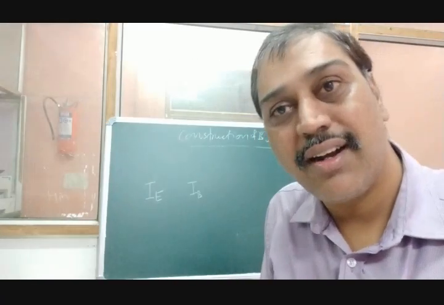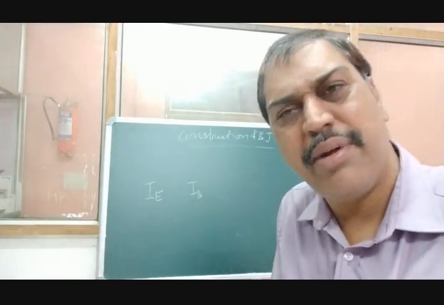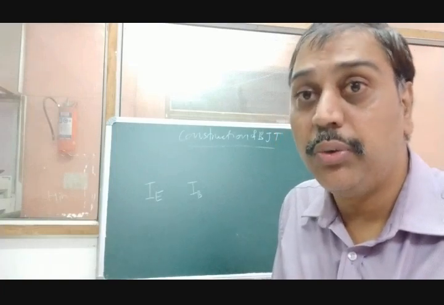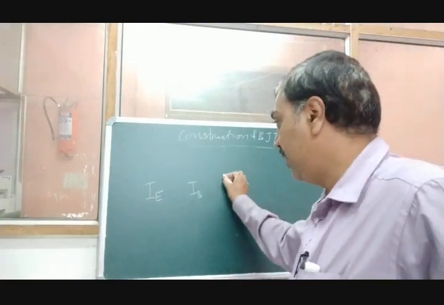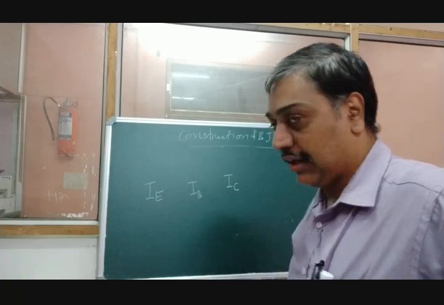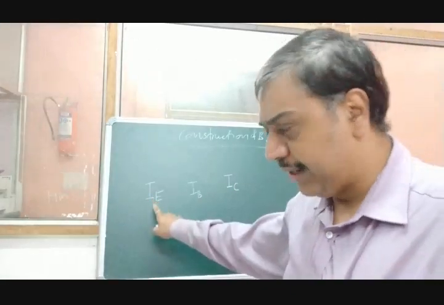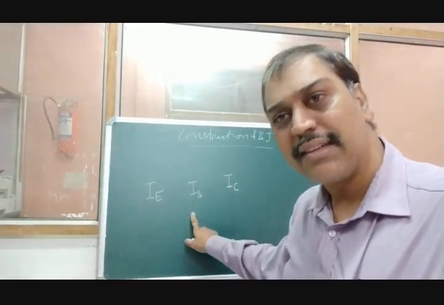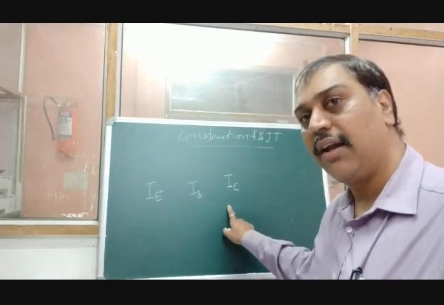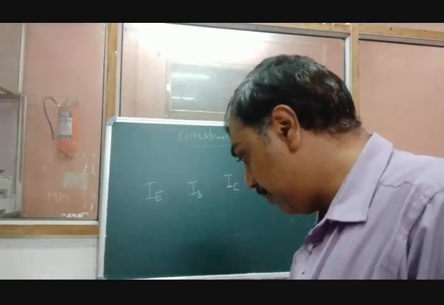And the electrical charges, maybe holes or electrons, that go to the collector will create a collector current. So there are three types of current: emitter current IE, base current IB, and collector current IC. Same thing they have mentioned in this.